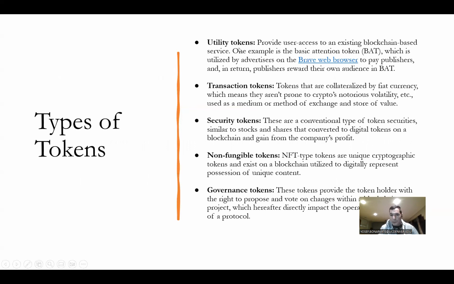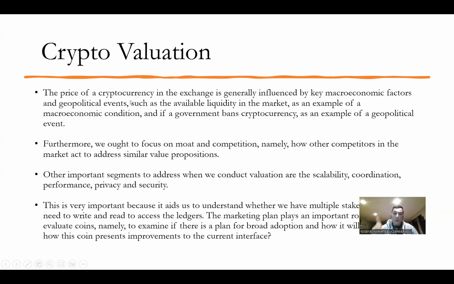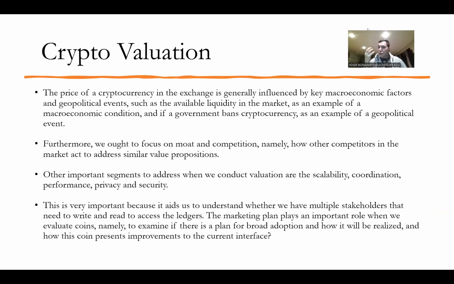Types of tokens: utility tokens, non-fungible tokens, security tokens, transaction tokens, governance tokens, and there is an explanation for each one. Crypto valuation, and that's critical here. Stock market equity, like Apple or Microsoft, versus a coin. A company that trades on Wall Street has to report earnings every quarter, every 90 days.